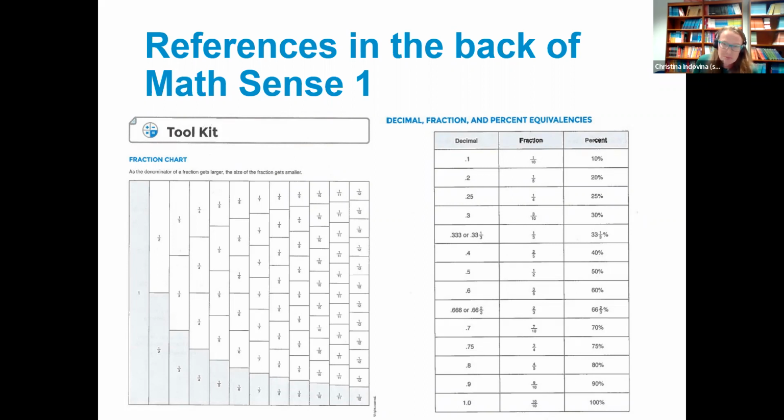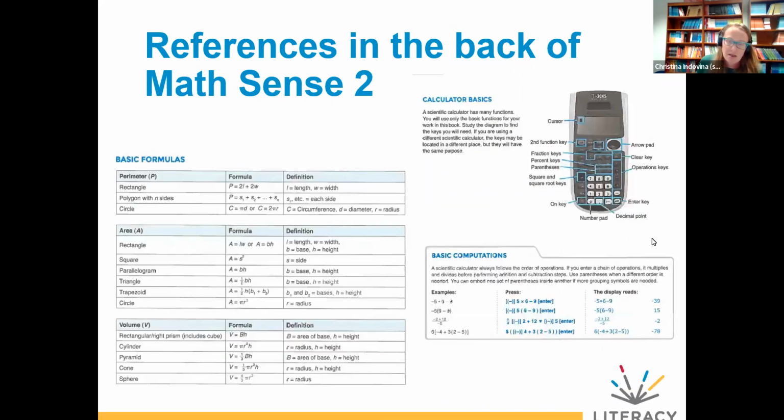I don't have these memorized off the top of my head necessarily, but these definitely help me when I'm talking to tutors who are working with new or lower level students. These visual aids can help the students wrap their brains around how these concepts are related.